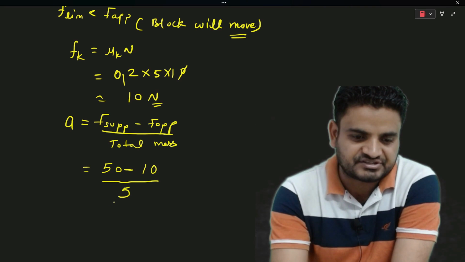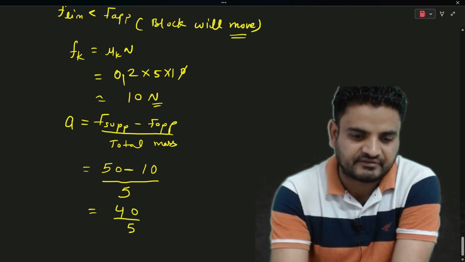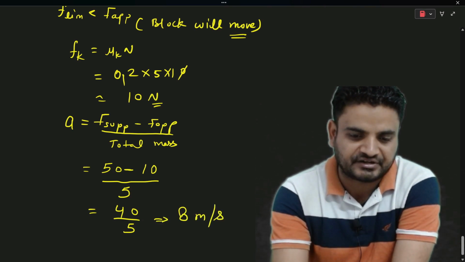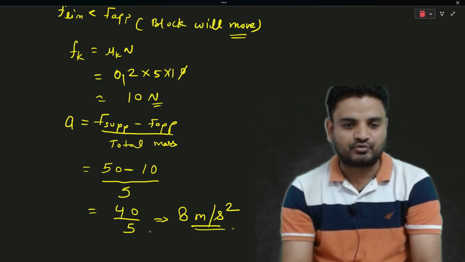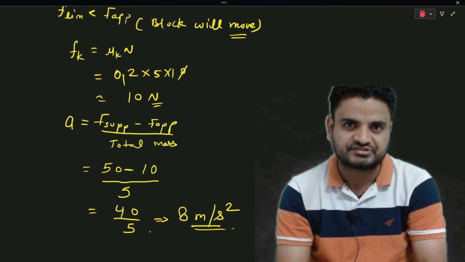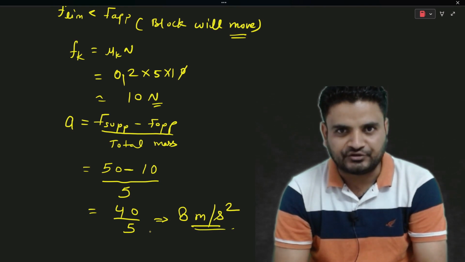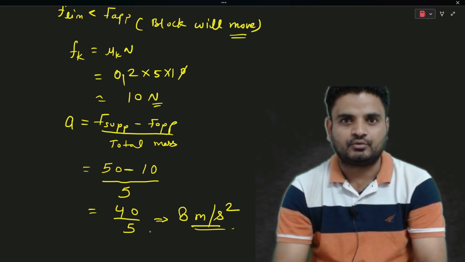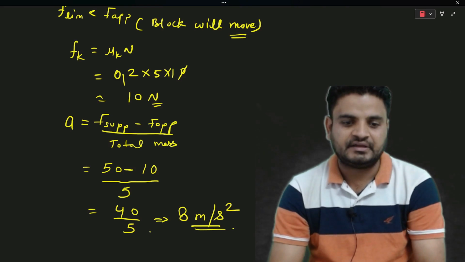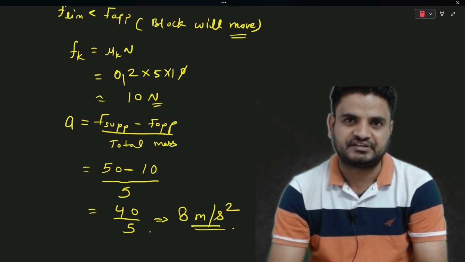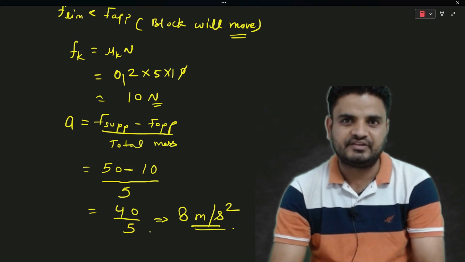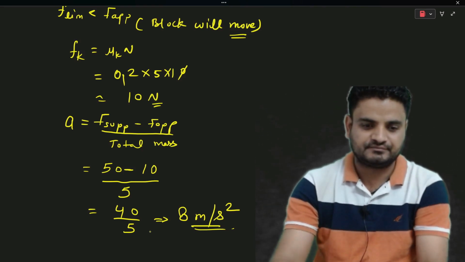So 50 minus 10, 40 by 5, so it will be 8 meter per second square. This is the final answer. Clear? So like that you can solve. First you have to find the limiting friction value. Then you have to conclude whether the body will move or remain at rest, and which friction is acting, static friction or kinetic friction. Then according to that you have to solve. Clear?